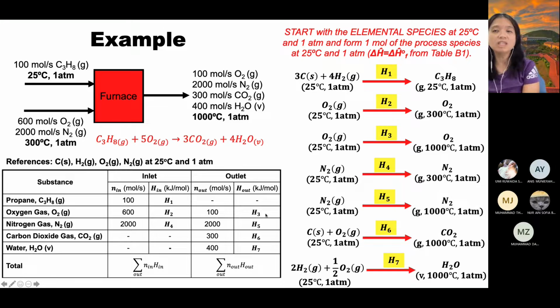H3 is oxygen: we must first form oxygen gas at 25 Celsius 1 atm and bring it to the outlet condition, which is oxygen gas at 1000 Celsius 1 atm. The same applies for nitrogen, carbon dioxide, and water. Means the reference condition is the initial condition where the substance must first be formed, then brought to the inlet condition or the outlet condition. That is why the reference condition must start from formation at 25 Celsius 1 atm. The phase depends: if you want to use the gas phase, then gas, meaning the heat of formation must be the heat of formation of gas.